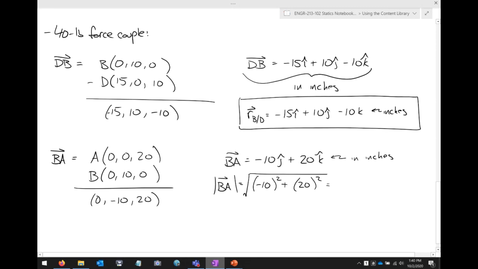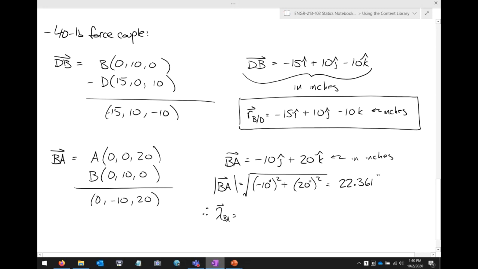When you plug and chug that, that is 22.361 inches.